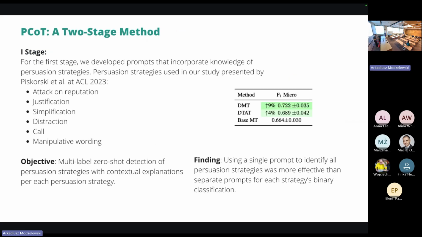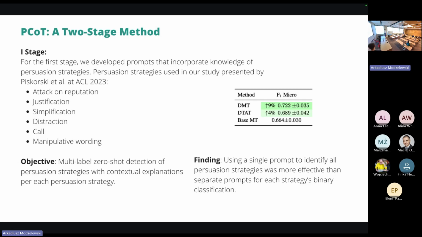Now, more details about the first stage. In the first stage, I've done many different experiments. I evaluated many different approaches, and for example, I developed prompts that incorporate knowledge of persuasion, which is quite structured knowledge, also from ACL 2023, from the taxonomy presented by Dyskorski et al.